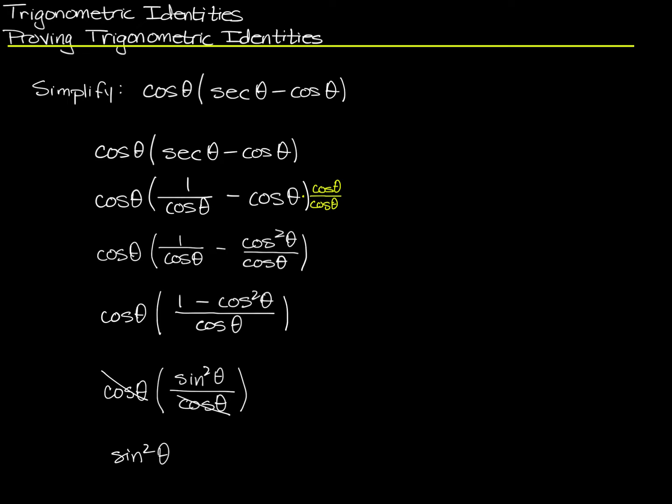Now I'm going to change this so that instead of simplify a trigonometric expression, the assignment is to prove. I'm going to change this here, it's going to now say prove cosine times the quantity secant minus cosecant equals sine squared of theta. And that's the difference.